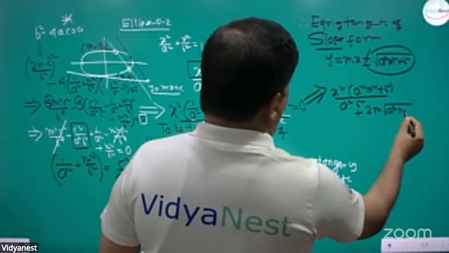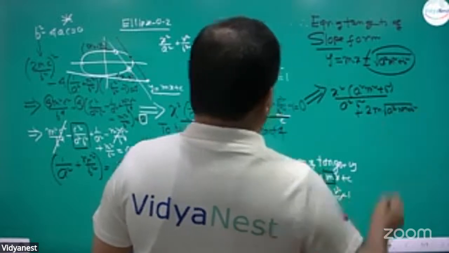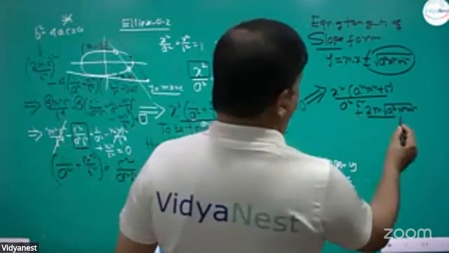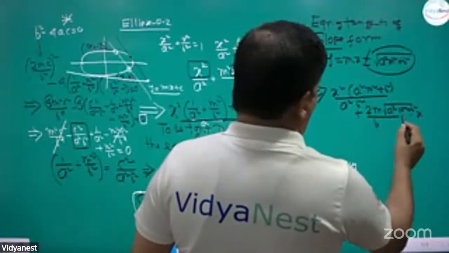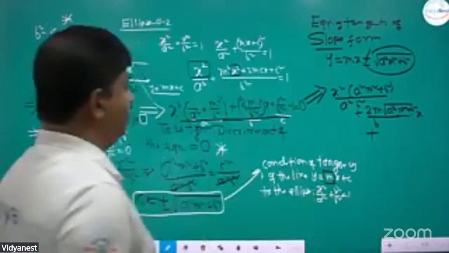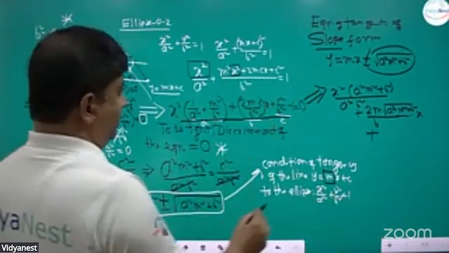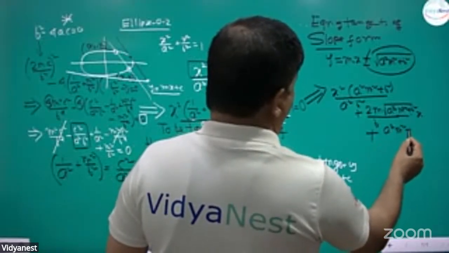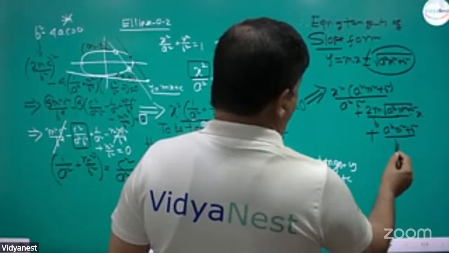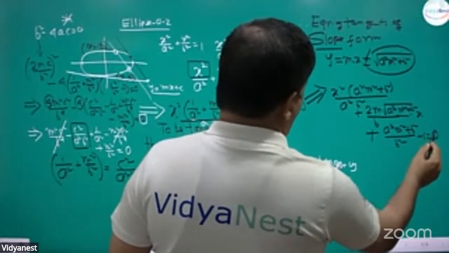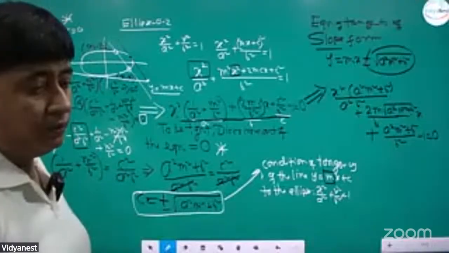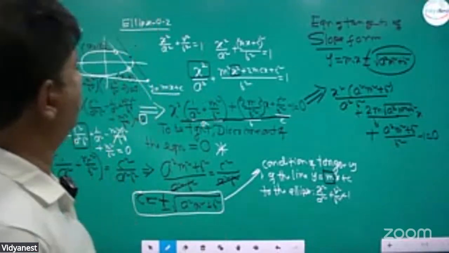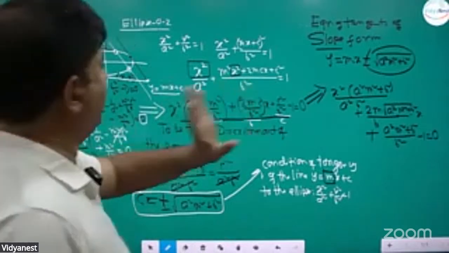A square m square plus b square, in place of C, I can put it, into x plus c square equals zero. Okay. So this is the quadratic equation.